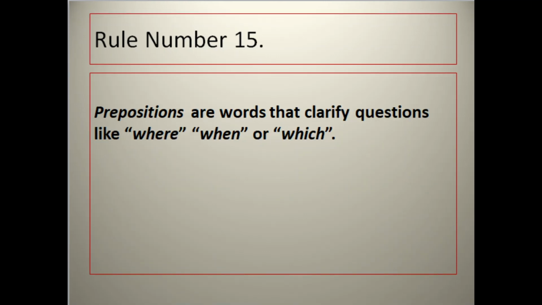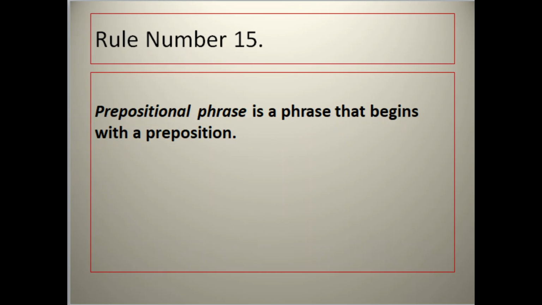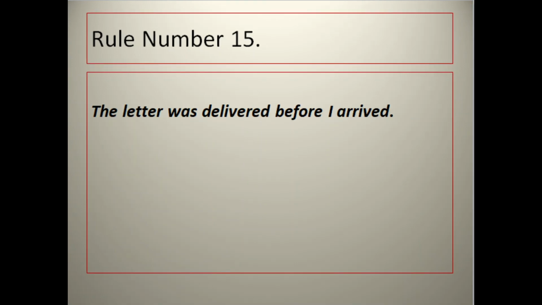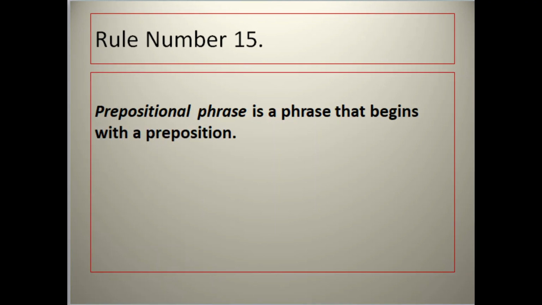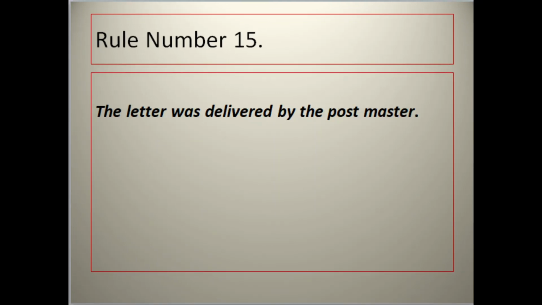Prepositions are words that clarify questions like where, when, or which. A prepositional phrase is a phrase that begins with a preposition. Example, the letter was delivered before I arrived. The letter was delivered by the postmaster.